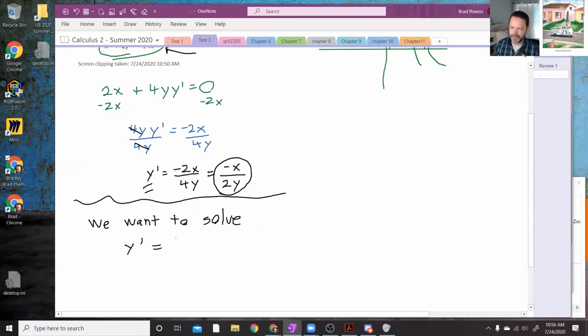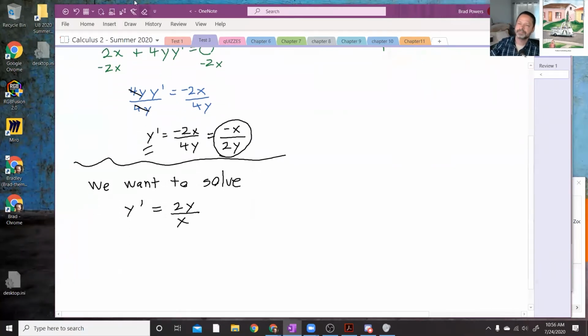And so, the negative reciprocal of this would be, now this is negative, so now we've got a positive 2y over x. We want functions that satisfy this equation because we're looking for those orthogonal trajectories. Does that make sense?